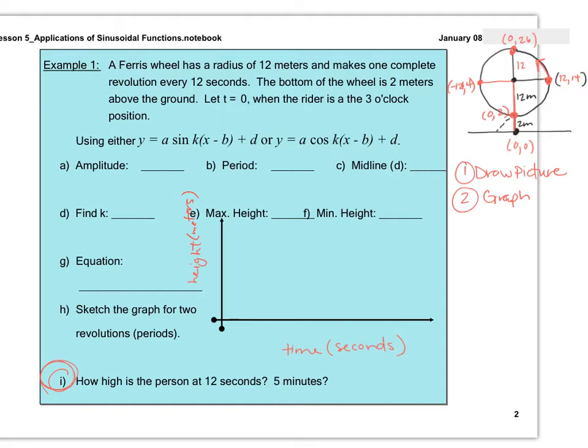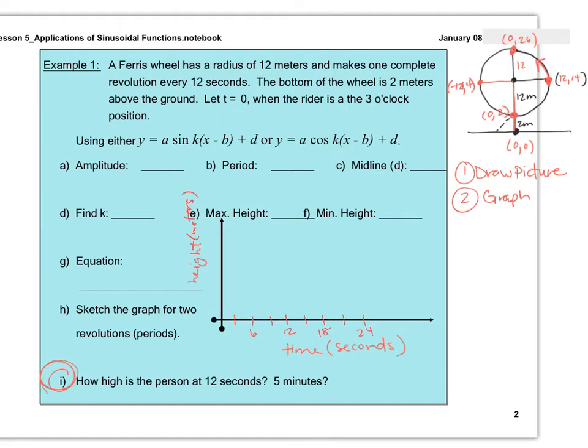So I think I'll count by threes. This is going to be 3, 6, 9, 12, 15, 18, 21, 24. That would be 2 revolutions. And then think about the height. The lowest I'm ever going to be on that ride is 2, and the highest I'm ever going to be is 26.